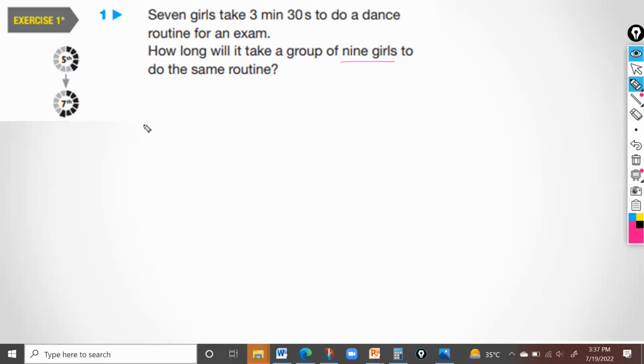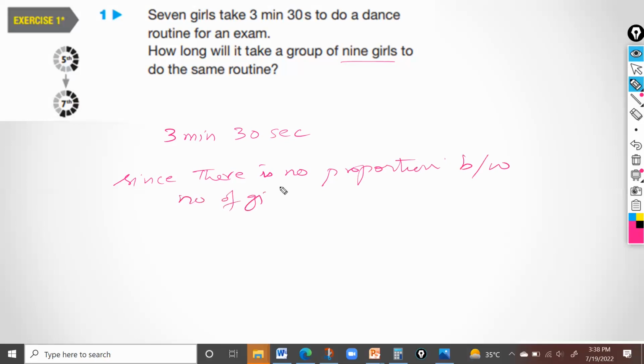The time taken by 9 girls will be 3 minutes and 30 seconds, since there is no proportion between the number of girls and time. Okay, so we go for the next question.